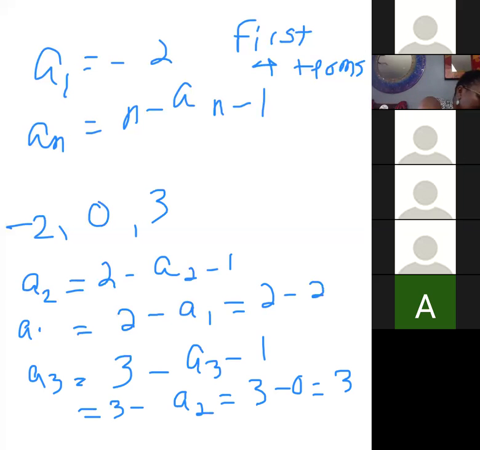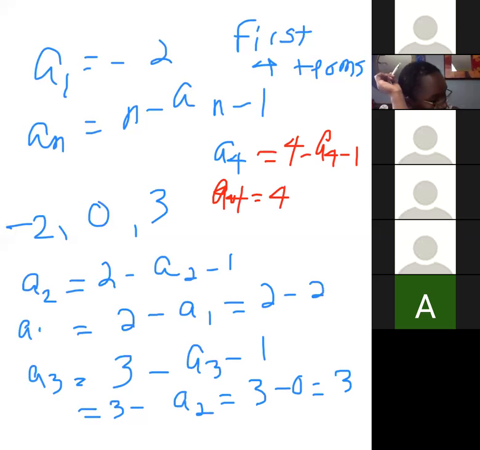Okay, let me see if I could squeeze it up here. So A sub 4 will equal N, which is 4, so 4 minus A sub 4 minus 1. Isn't your A1 a -2?